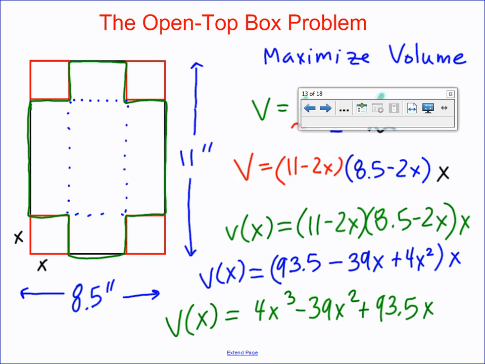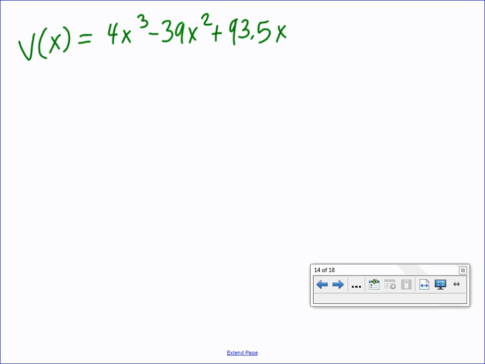Is the largest square 8.5? No, I'd run out where, Jake? 4.25. I'm down. So let's go ahead and get our practical domain here. This would be 0 up until 4.25.